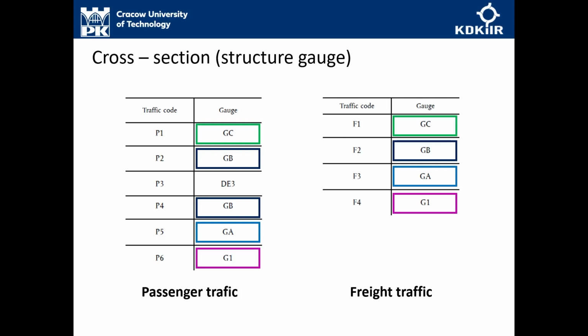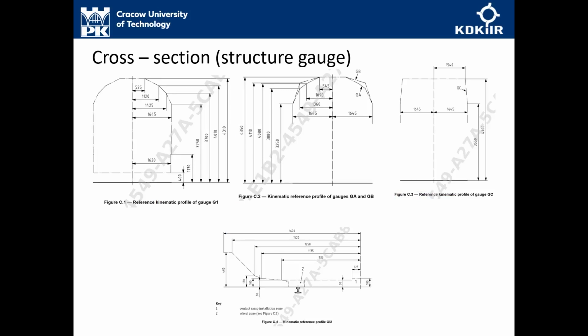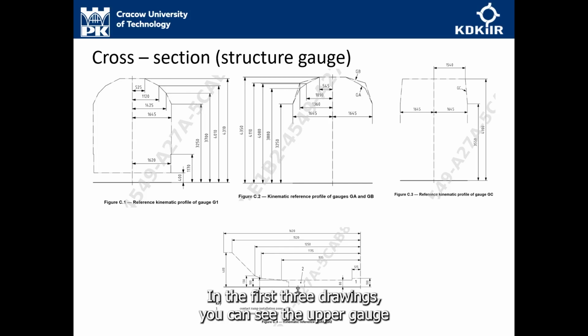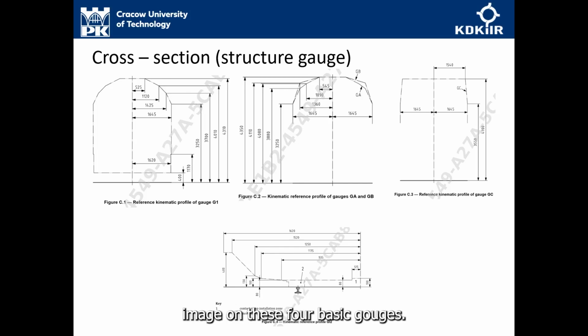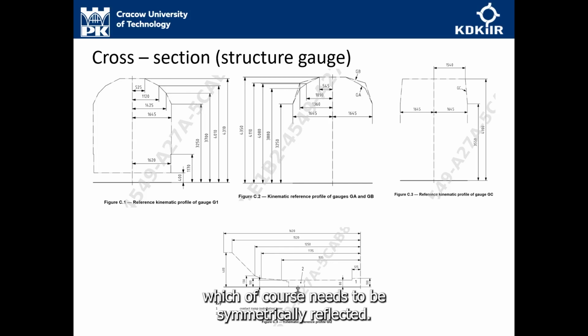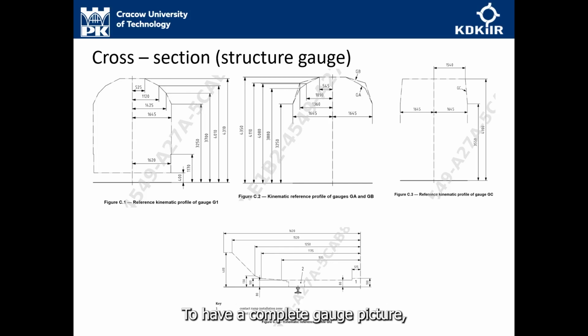However, as a rule, most of them have very similar dimensions that actually differ only in nuances. In the first three drawings, you can see the upper gauge image for these four basic gauges. In the bottom drawing, you have the lower gauge image, which of course needs to be symmetrically reflected to have a complete gauge picture.